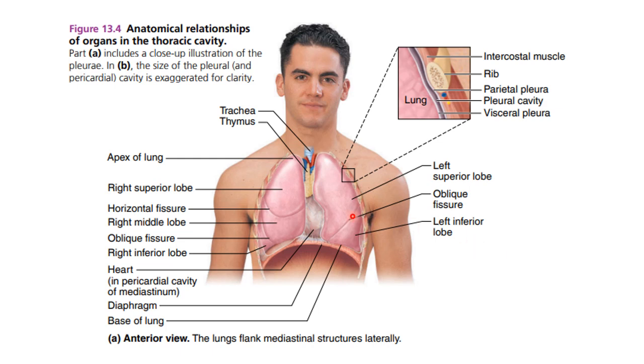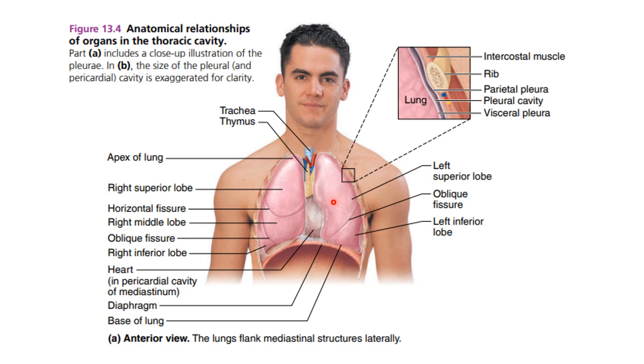So this would be the anatomical relationships of the organs in the thoracic cavity. This is your trachea, and it will split into a right and left primary bronchus, which will further subdivide inside the lungs. This is your right lung, and this is your left lung.